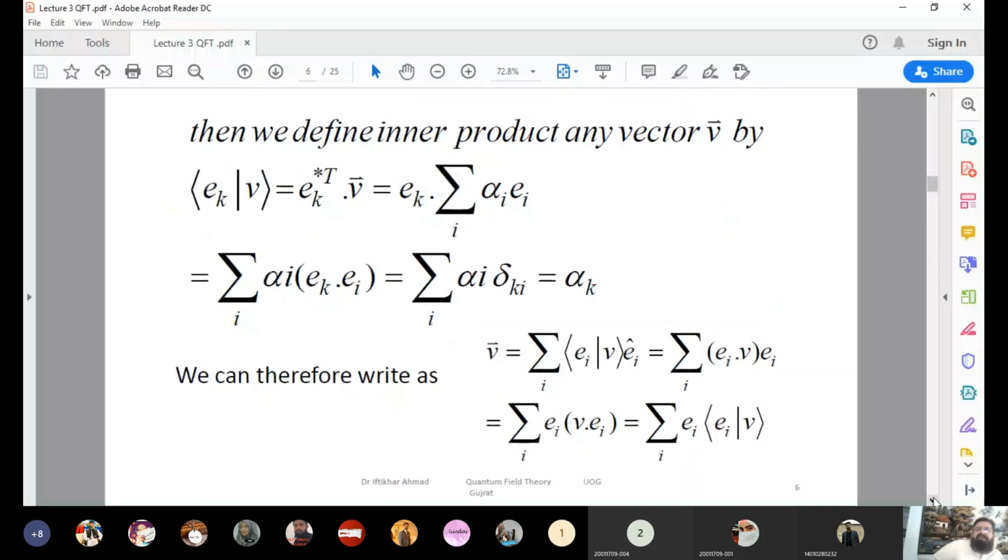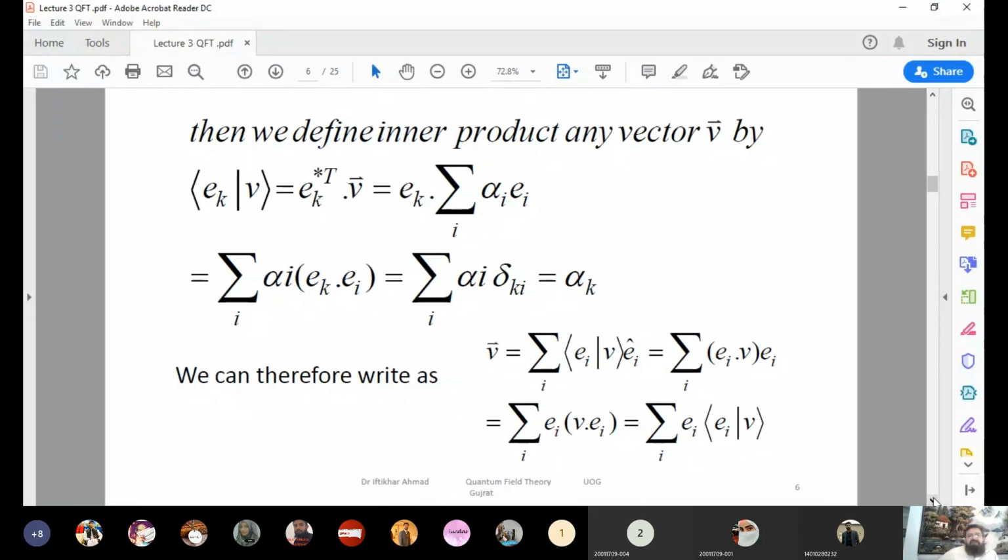Then we define the inner product of any vector V with any basis vector. We take a basis vector e_k and take the inner product with vector V. If e_1, e_2, e_3, up to e_n are the standard basis, then any vector V can be written as a linear combination of the standard basis.